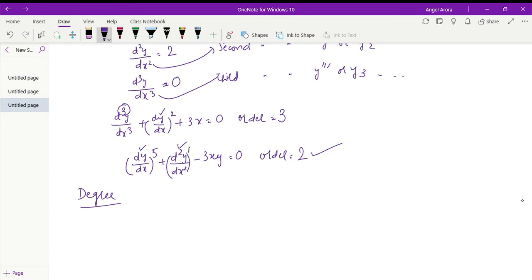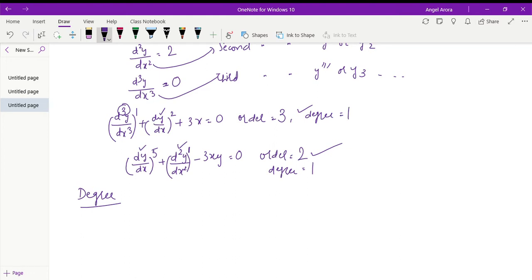If the power has not been given, we just imply that it is 1. So the degree in this case will be 1. In this example, the third order derivative is of highest order and its power is 1. So the degree in this case will also be 1.